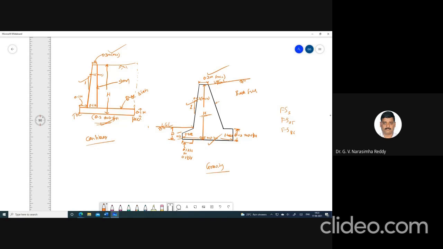So based on the difference in height only we'll try to find. But here H is up to the bottom, even in both the cases, we are considering up to the bottom of the retaining wall. Of course, this H depends again on the actual height. This is the actual difference in height, isn't it?